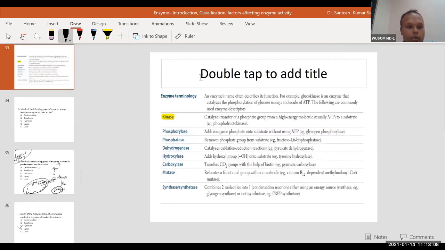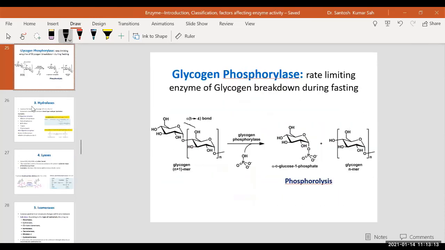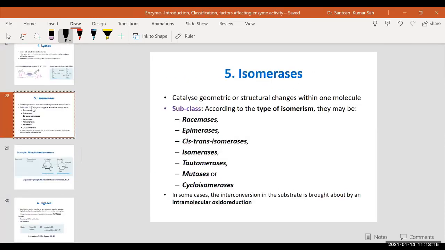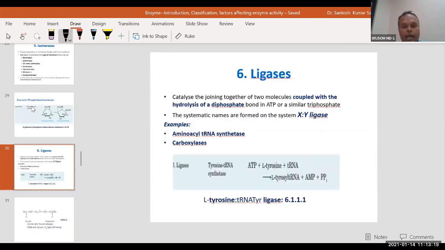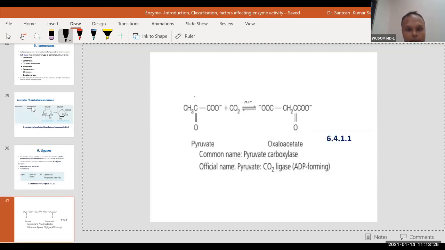I will show you the carboxylase. I told you ligases are the enzymes that are joining two molecules by forming a bond. So you can see here there is pyruvate, and CO2 has been added here, and it requires energy.